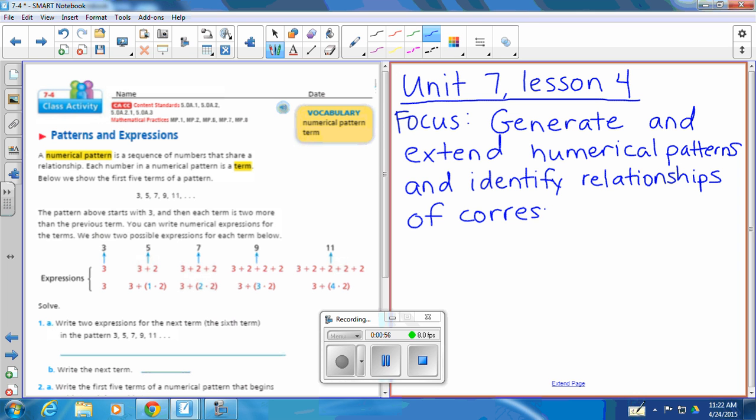Some big words in our focus today, so let's make sure we understand what it is that we are trying to accomplish.